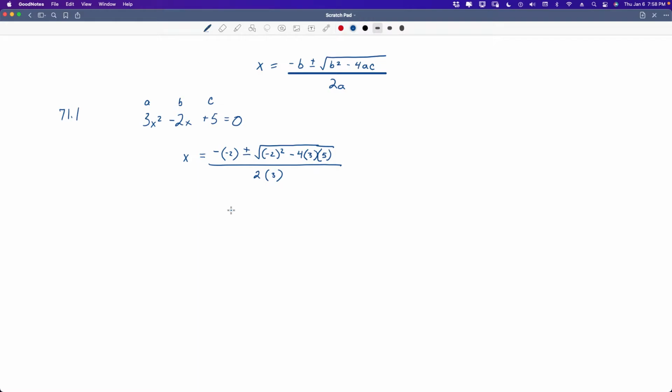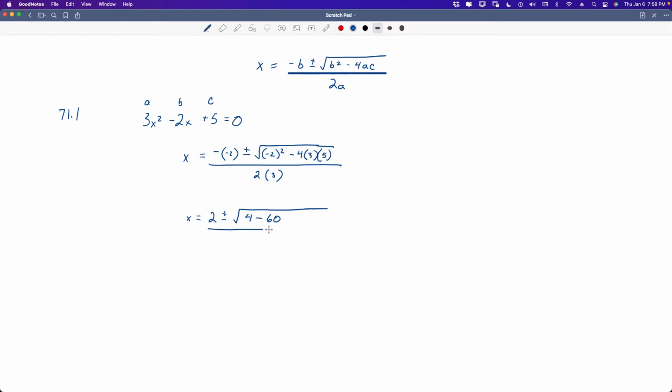Now you just solve it, and you're done. No big hoops to jump through. So then x is equal to, the negative of a negative is positive 2 plus or minus, and then we just go through the steps here. Negative 2 times negative 2 is 4 minus 4 times 3 is 12. 12 times 5 is 60.